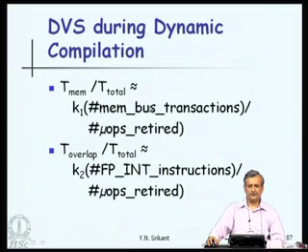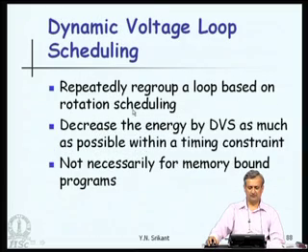So, computing the relative CPU slack is a fairly straightforward process once we compute these two quantities. Remember, these are obtained from the performance counters. So, this is a fairly straightforward operation. So, that was about using dynamic voltage scaling inside a dynamic compiler.